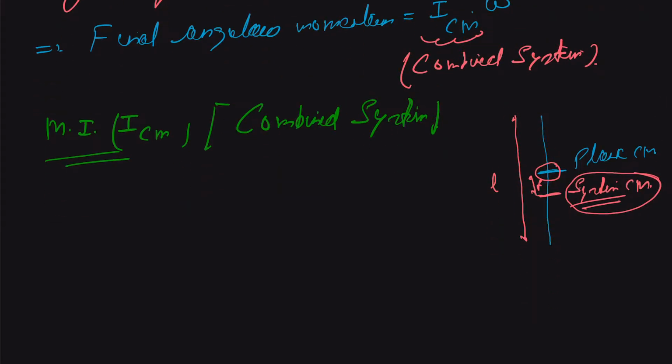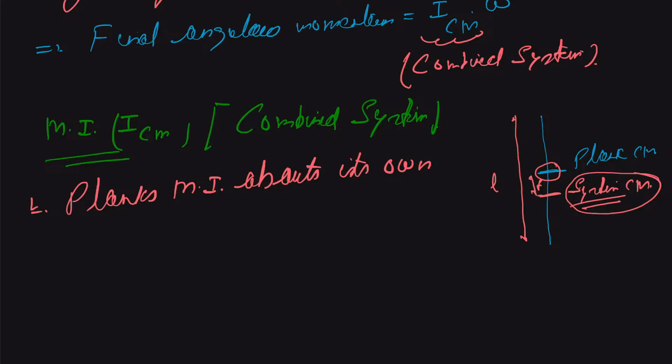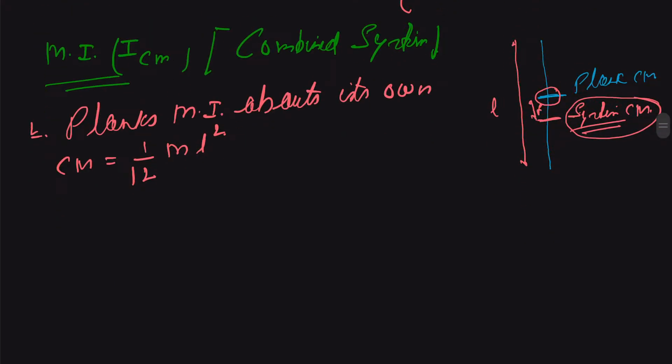So the Planck's moment of inertia about its own center of mass is equal to 1/12 ml square. And then we are going to use the parallel axis theorem.